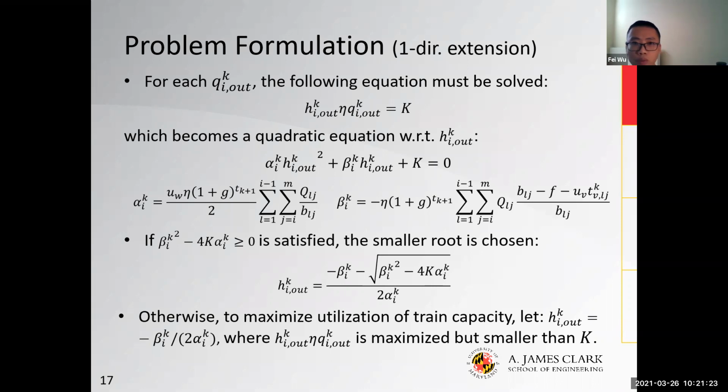After rewriting this, we obtain a quadratic equation with respect to the maximum allowable headway for this specific link i.